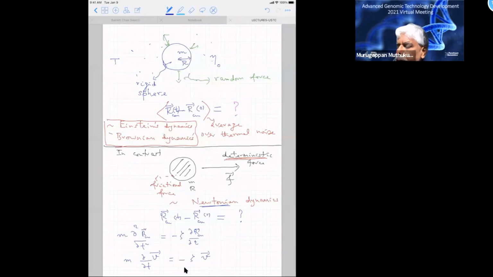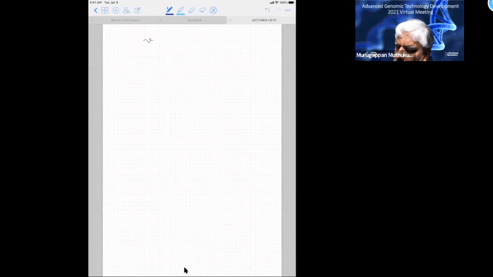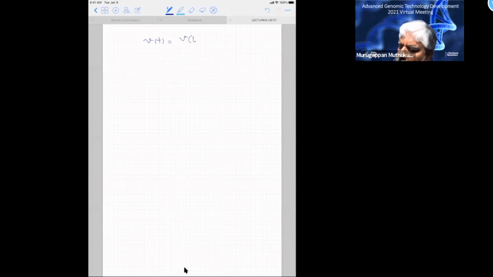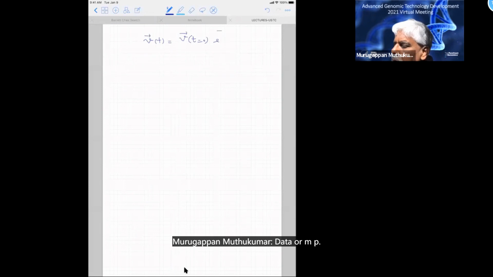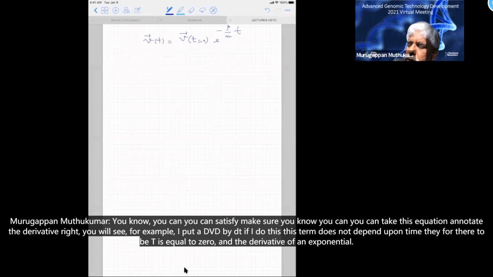If you do that, the velocity at a time t is equal to the velocity at zero time, v0, times e to the minus zeta over m t. Make sure you can take this equation and take the derivative. You will see, for example, if I put a dv by dt, this term, v0, does not depend upon time, therefore its derivative is equal to 0.